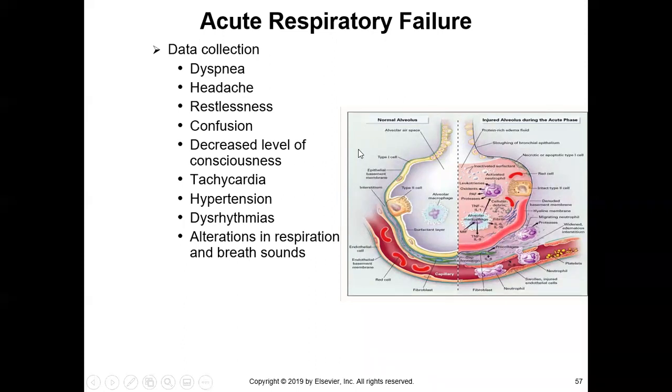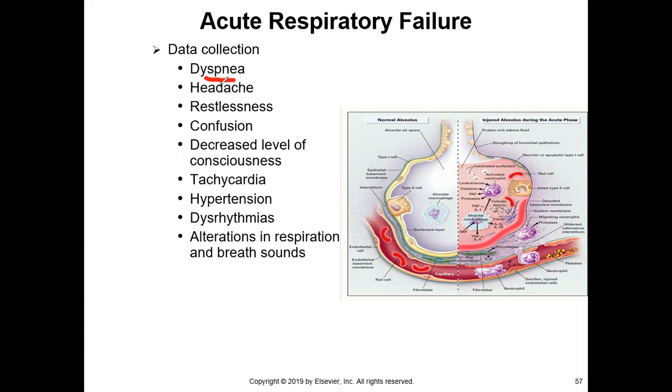So you see here, when the patient's oxygen goes down and carbon dioxide accumulates in the blood, the patient also develops shortness of breath, which we call dyspnea.